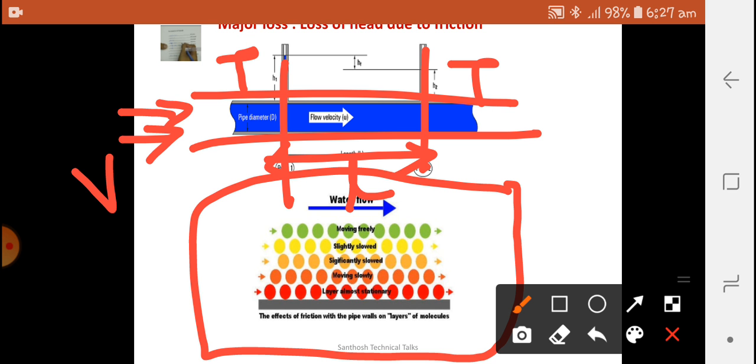Like that, the flow can be modified, and at the center of the pipe we found that the maximum velocity can be attained, where the flow is free flow, as well as the shear stress in the layer is almost equal to 0.